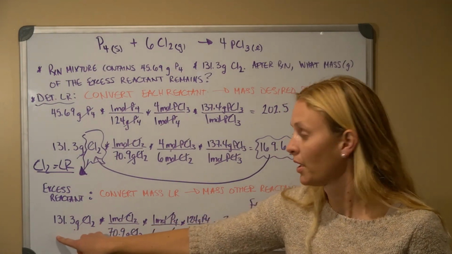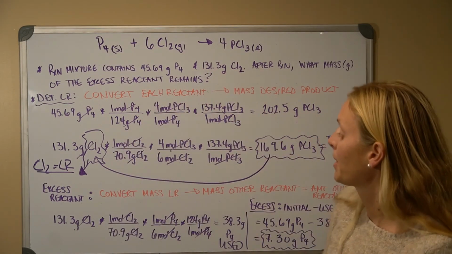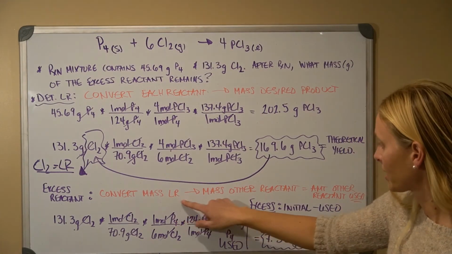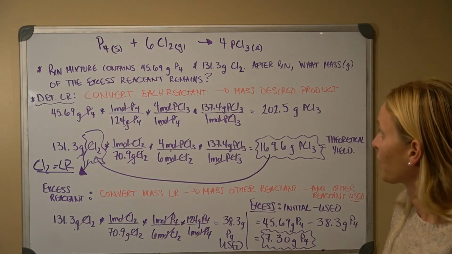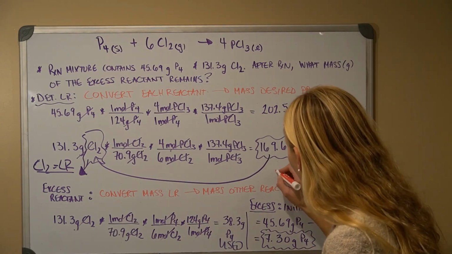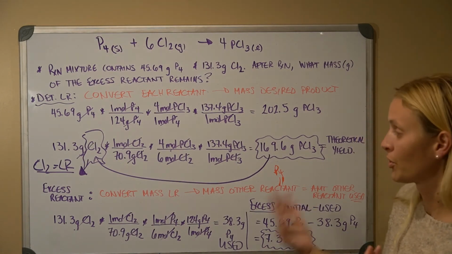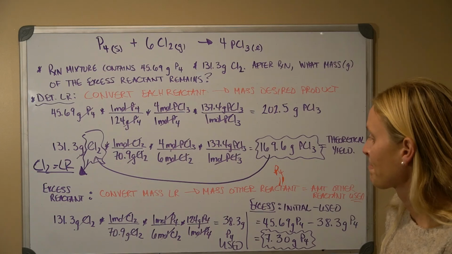So I'm going to start with 131.3 grams of Cl2, which is given in the problem up there, and I want to convert the mass of the limiting reactant to the mass of the other reactant, which in this case is P4.